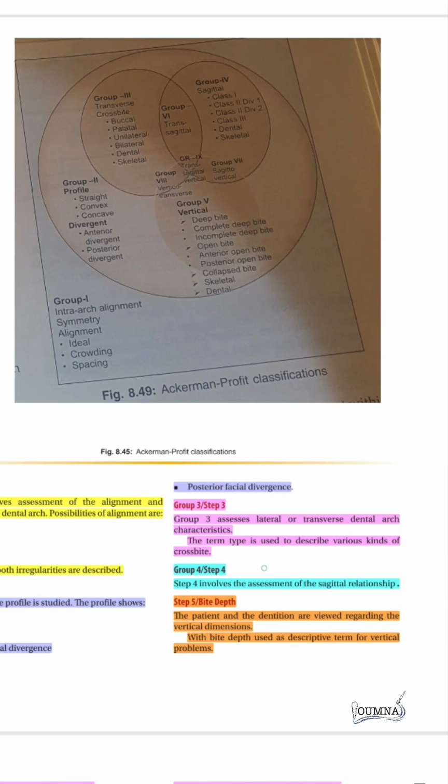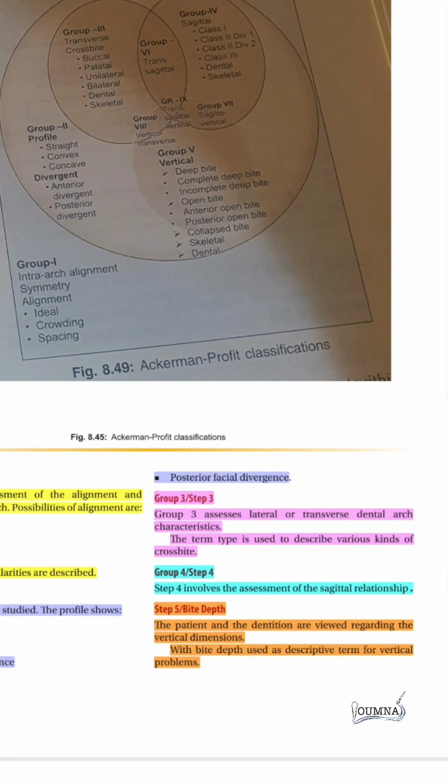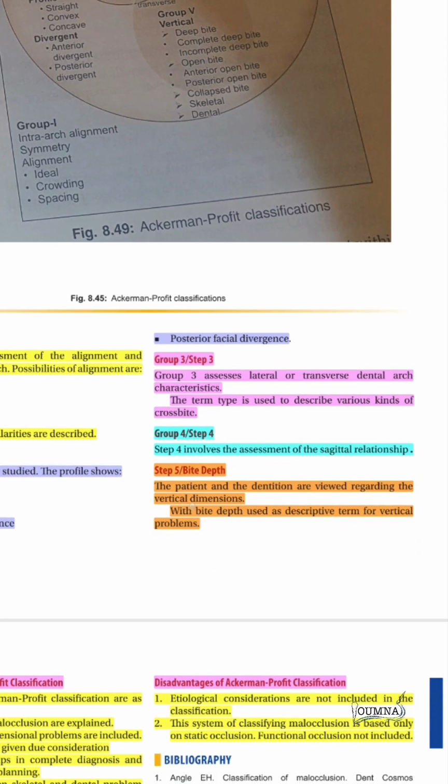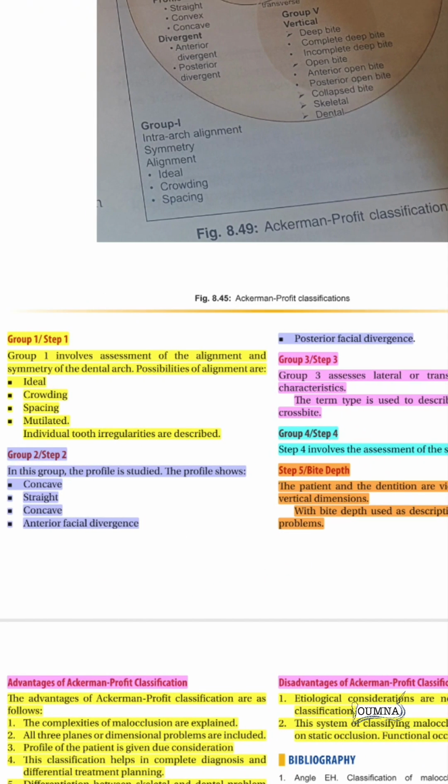Then in group 3, we specify the malocclusion in the planes. In group 3 we classify the transverse plane, which is concerned with crossbites. In group 4 we assess the sagittal relationship, which is the molar relationship. And in group 5 we do the vertical assessment, which is concerned with deep and open bite.